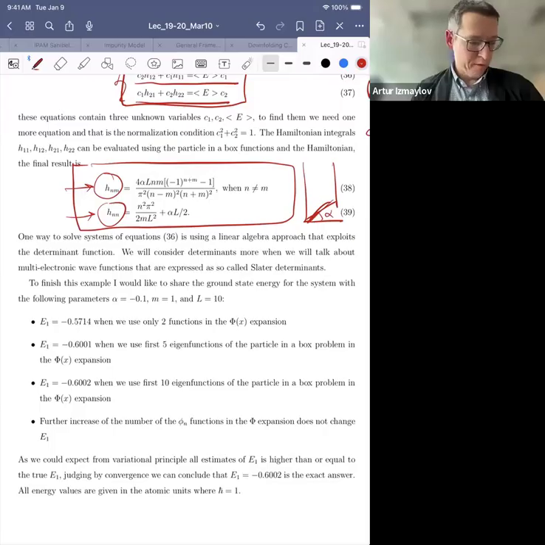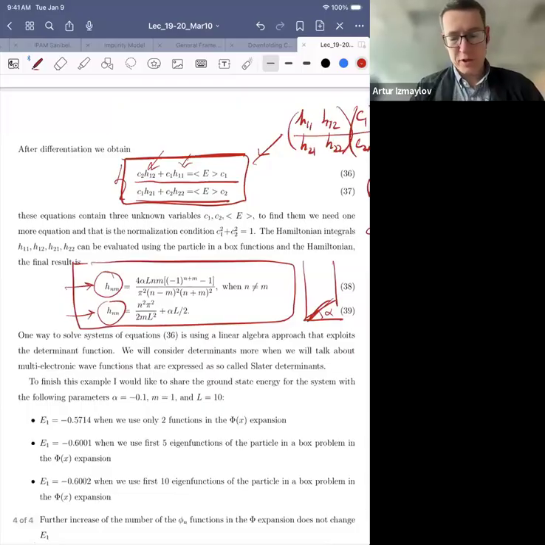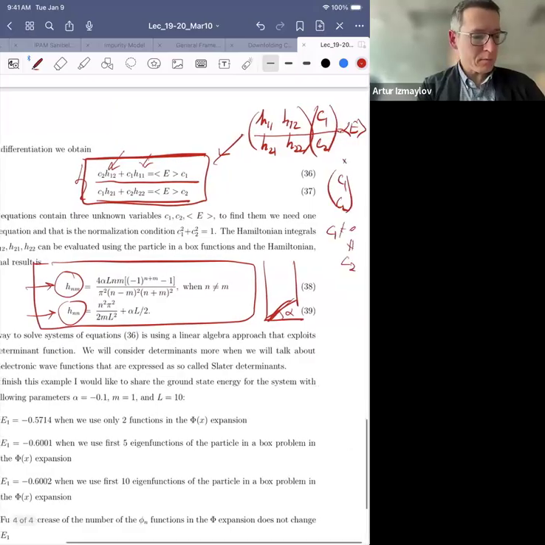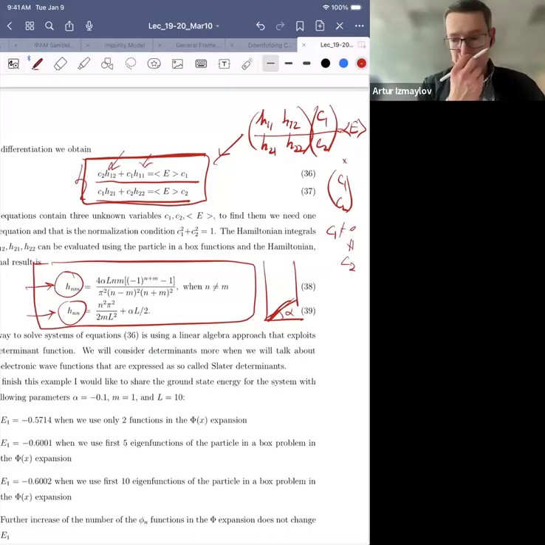Okay, so essentially we are close to the end, and we can write down this linear system of equations and solve the so-called eigenvalue problem, because this is what it is. The solutions of these linear equations must be linearly dependent.